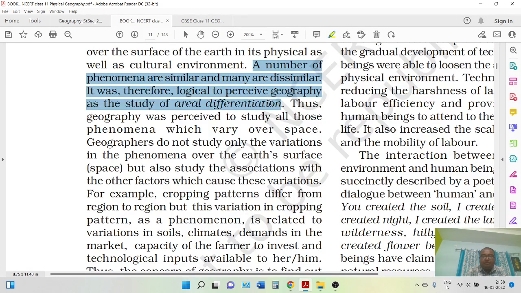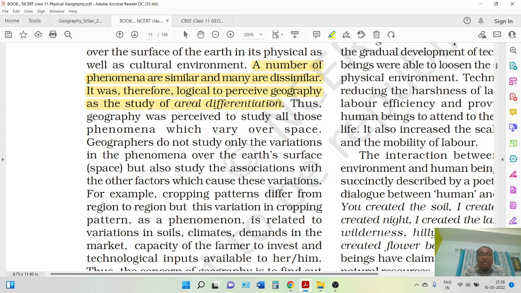See, when there is a similarity and dissimilarity among the physical and cultural features on the earth's surface. For example, if I go to Europe, okay, I can see the Alps mountain range. In India we have our own mountain range, that is the Himalayan mountain range. So there is some similarity between the Alps and the Himalaya, and there are a lot of dissimilarities also.